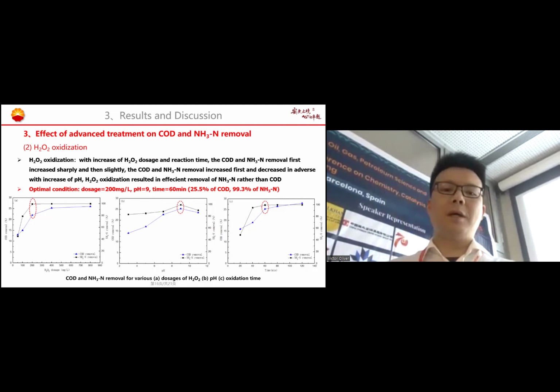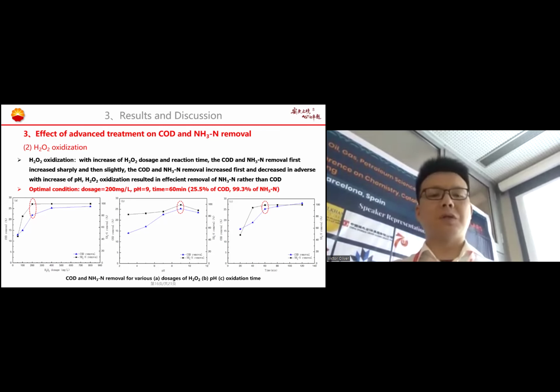Then we can demonstrate that the H2O2 oxidation resulted in efficient removal of ammonium nitrogen rather than COD. The optimal condition is the dosage of H2O2 is 200 milligram per liter. The pH is 9 and the reaction time is 60 minutes. Then the removal of ammonium nitrogen is more than 99%.